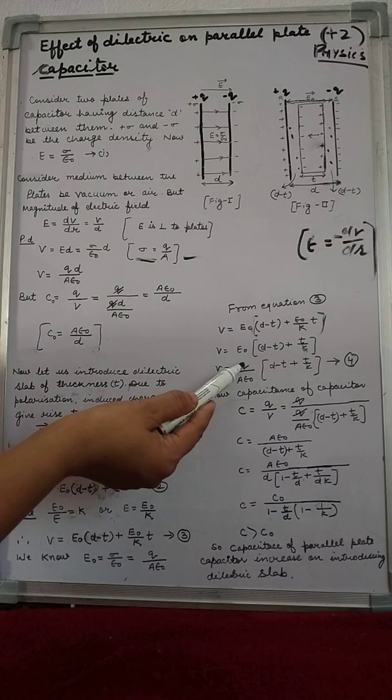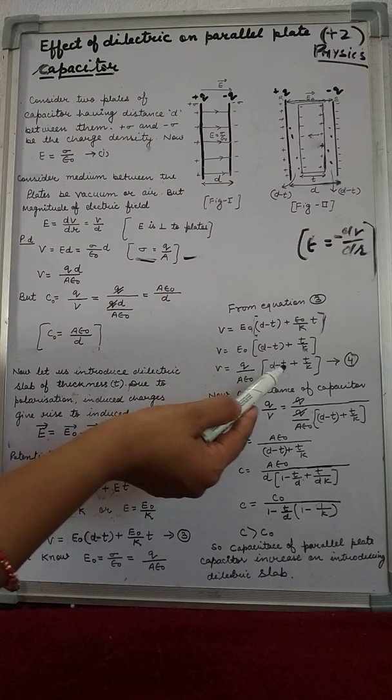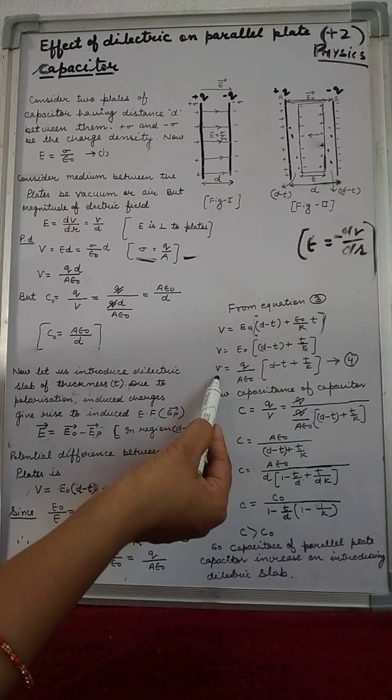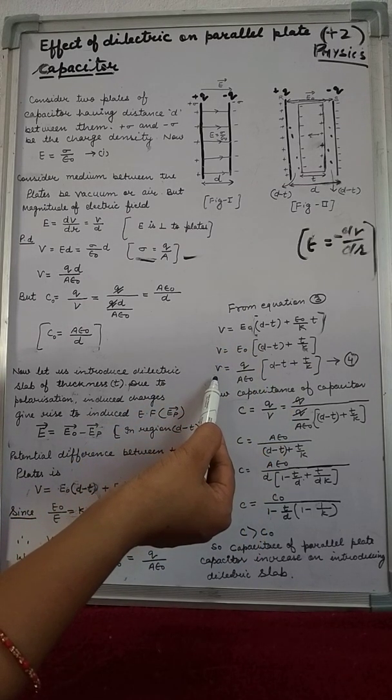So V is equal to Q upon A epsilon naught into D minus T plus T upon K. Now we have the value of V.